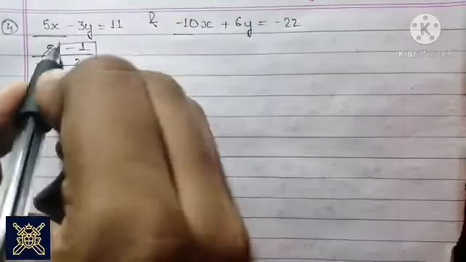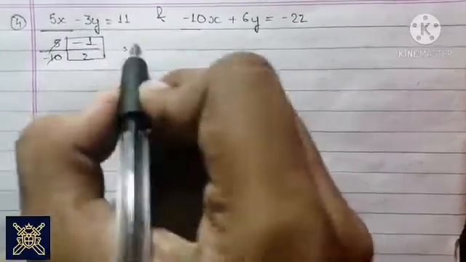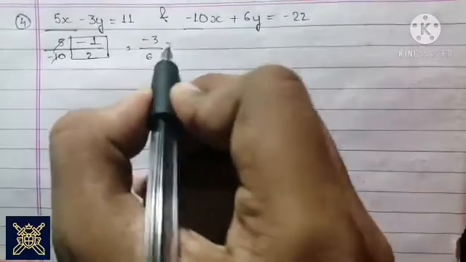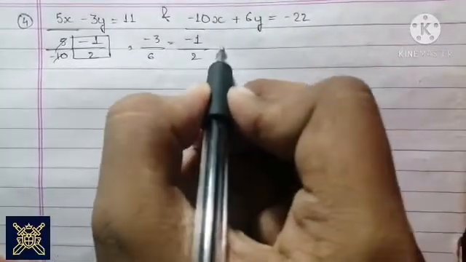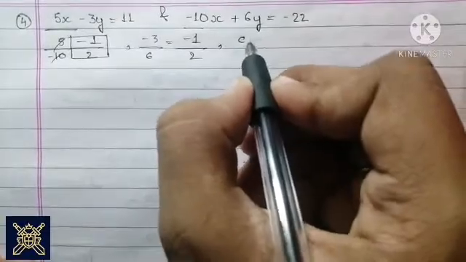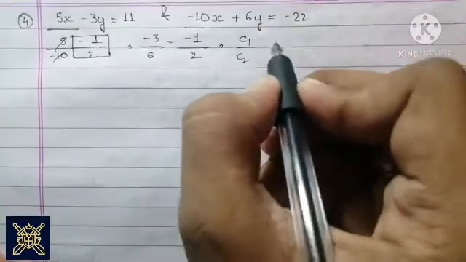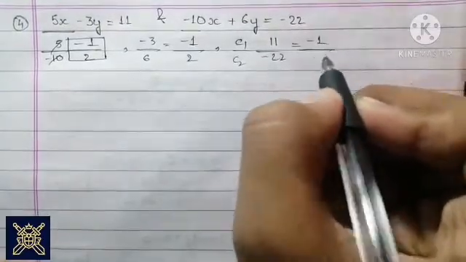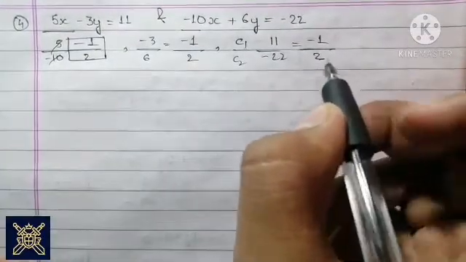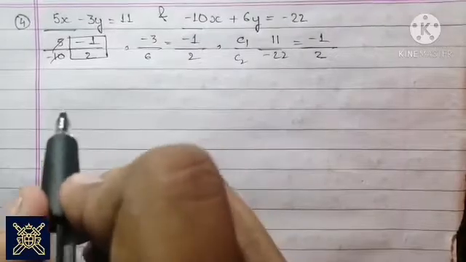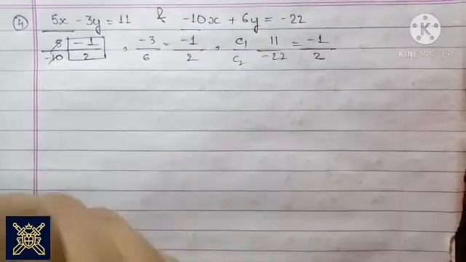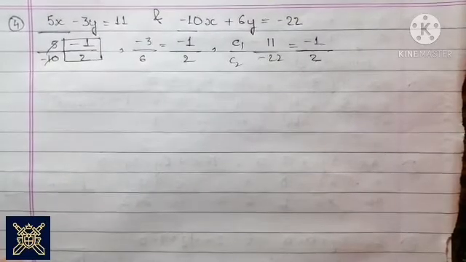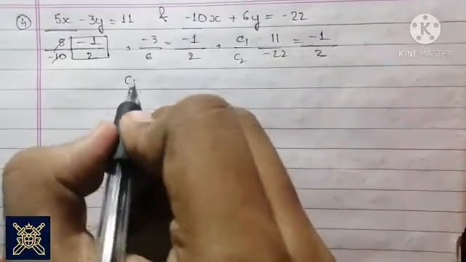Next, the ratio of b1 by b2: minus 3 by 6, this is also equal to minus 1 by 2. And for c, c1 by c2 is 11 by minus 22, and this is also equal to minus 1 by 2. Since all the ratios are equal, it is a dependent consistent pair. But in the question we were just asked about consistency or inconsistency, so these are consistent.